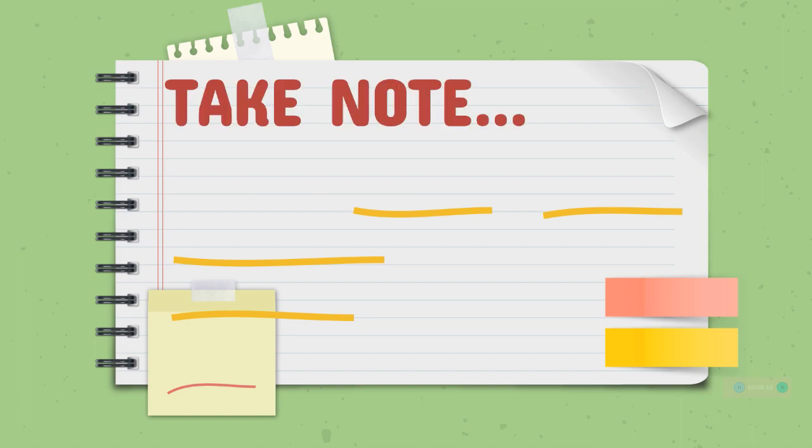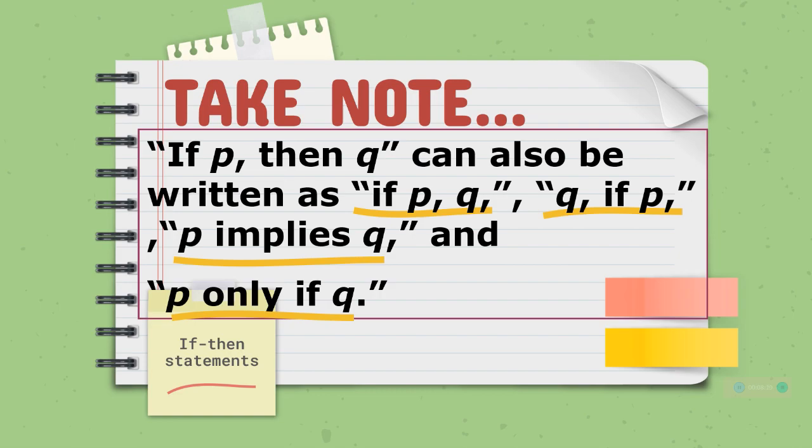Okay, we have to take note that in if-then statements, if P then Q can also be written as if P, Q; Q if P; P implies Q; and P only if Q. Again, these are the different ways you can write if-then statements.